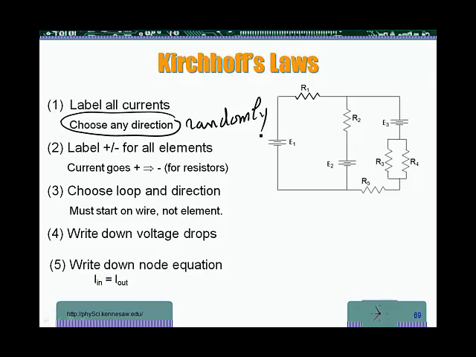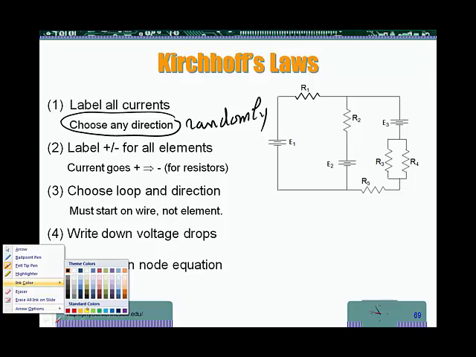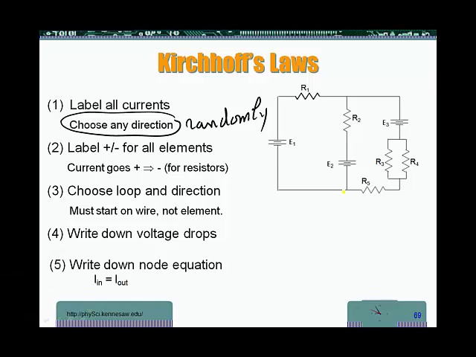What does that mean? When we look at this circuit, how many different currents can we have? I'm going to use color to illustrate that. So if I start here, I have a branch. But the minute I come here, it branches in two.